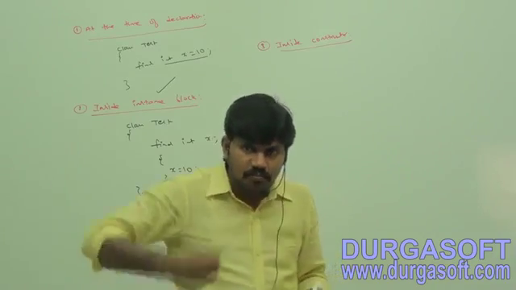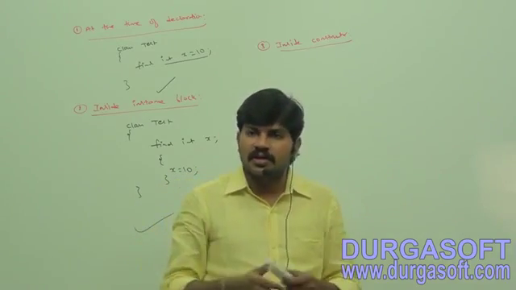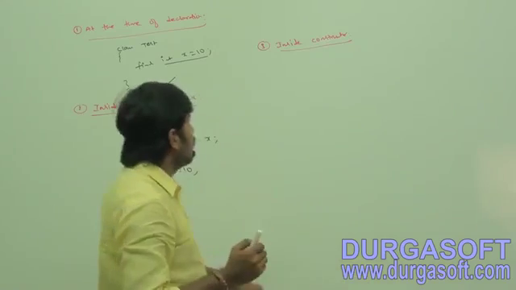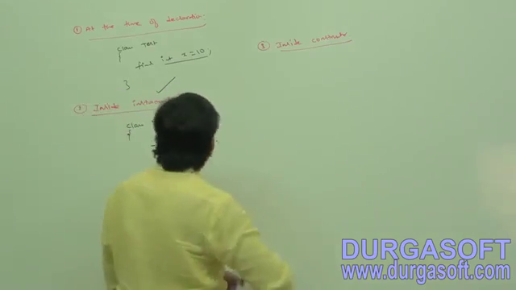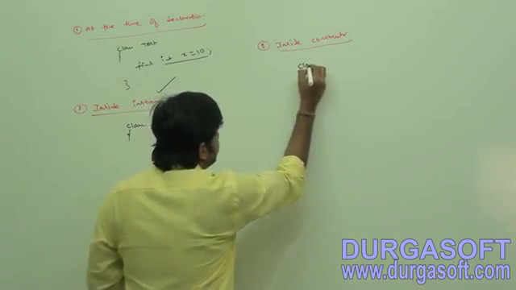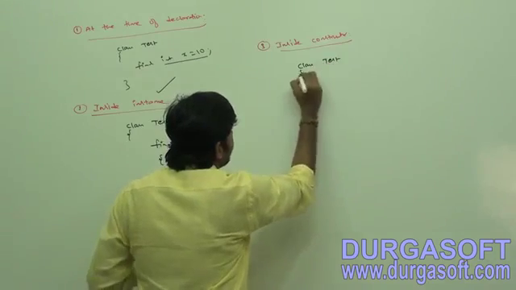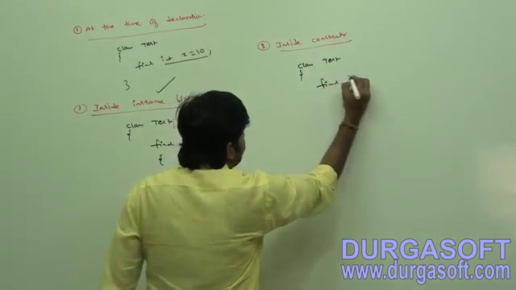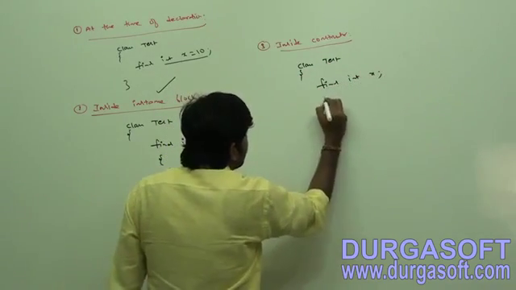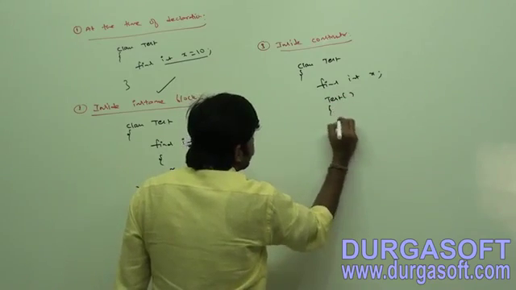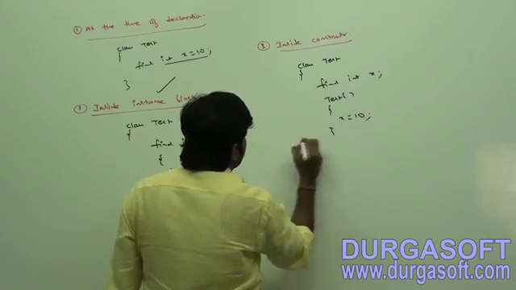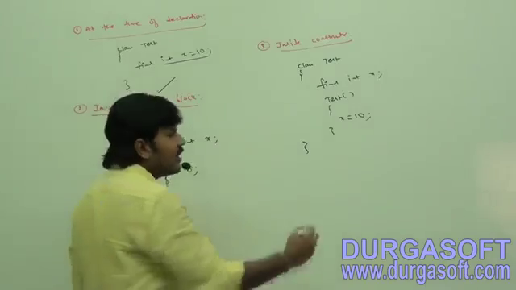Before constructor completion, the final instance variable should have a value. Inside the constructor: class Test, final int x, Test constructor, within that x is equal to 10. Is it valid or not?